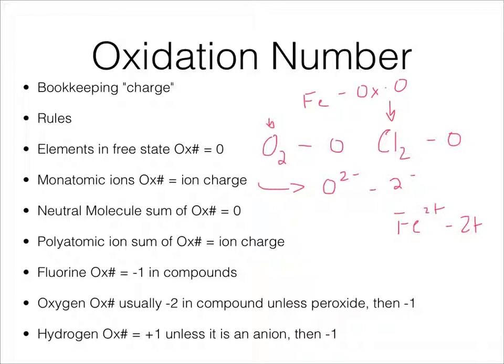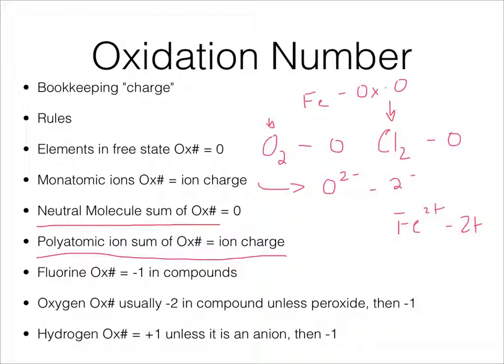Now, a neutral molecule must have a sum of oxidation numbers equal to 0. This is the balancing of charge, and we've seen this before when we were writing formulas for our ionic compounds. And similarly, if we have a polyatomic ion, the sum of all the oxidation numbers must equal the ion charge.